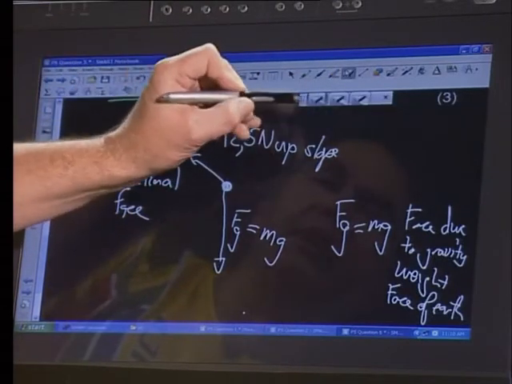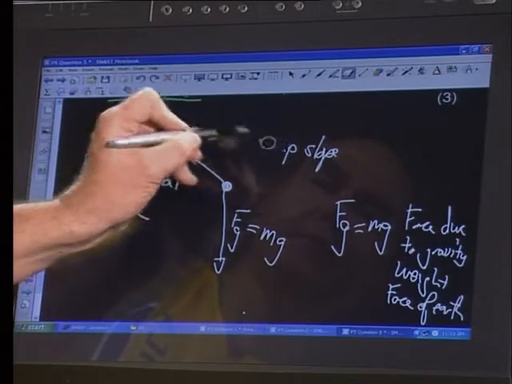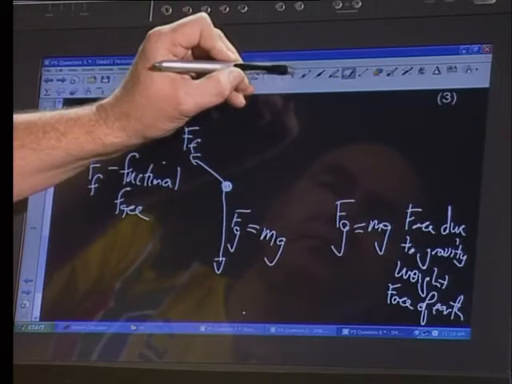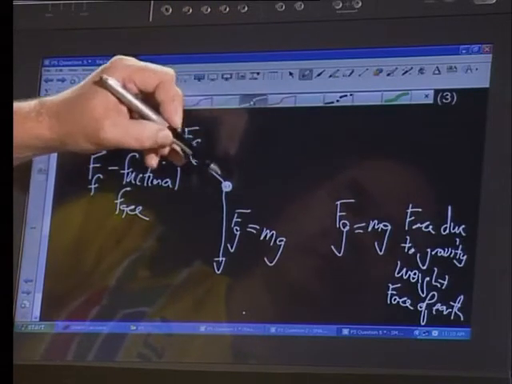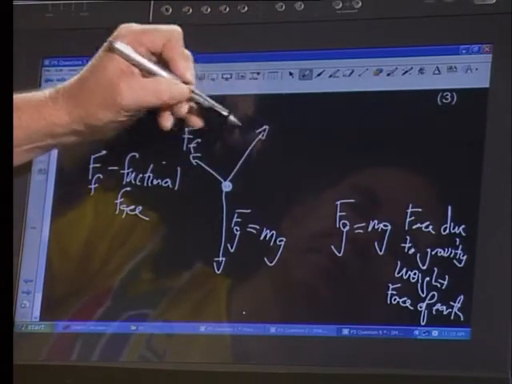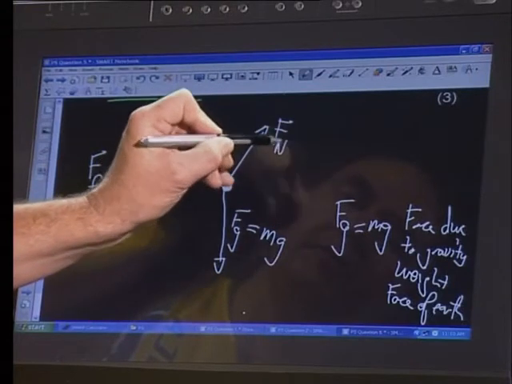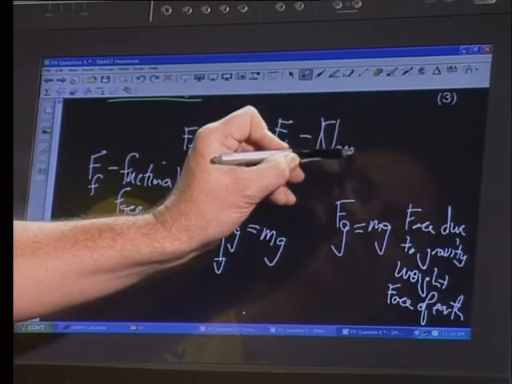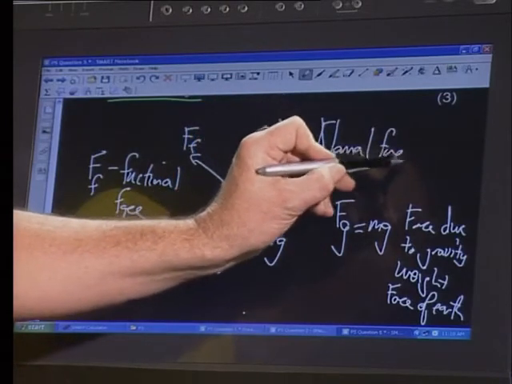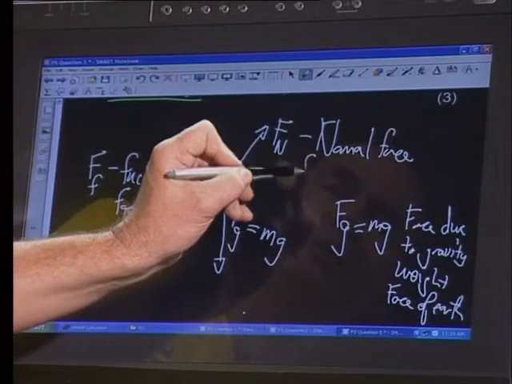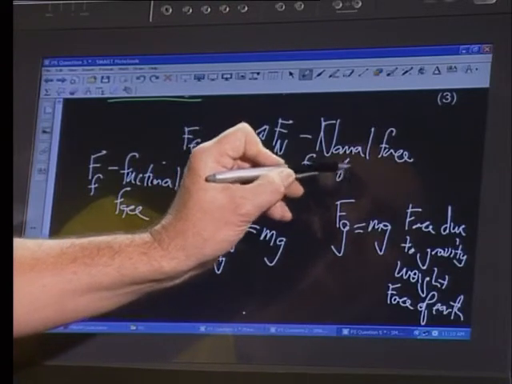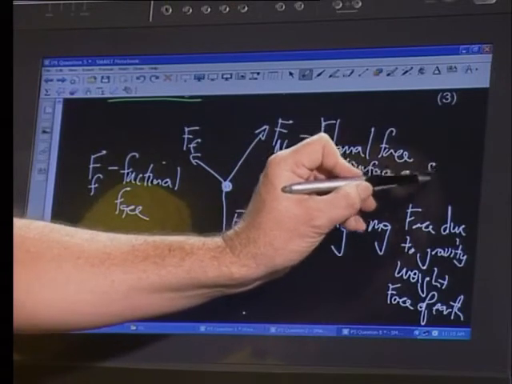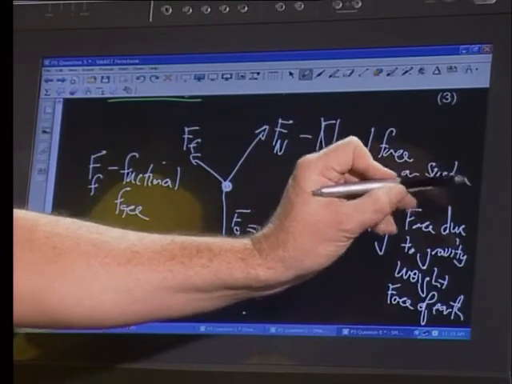I'm just going to erase this little bit here so I can put in the normal force. So we're going to say F normal, and we call it the normal force. It's the force of the surface on the system, on the boy and the wheelchair system.